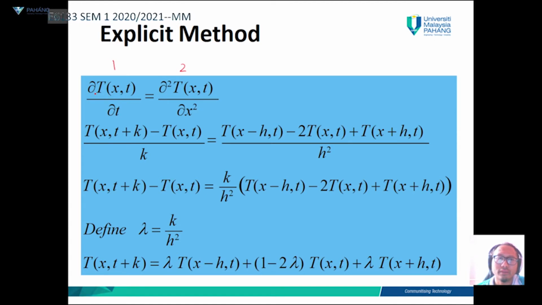So we have the first derivative of T over time and the second derivative of T over space, where we can replace the first derivative with T(x, t plus k), where k is the subinterval of time, minus T(x,t) over k, and the second derivative is equal to T(x minus h, t), where h is the subinterval in space, minus 2T(x,t) plus T(x plus h, t) over h squared. We can rearrange this equation by moving the k to the right side of the equation, where we get k over h squared times T(x minus h, t) minus 2T(x,t) plus T(x plus h, t), where we define lambda as equal to k over h squared.